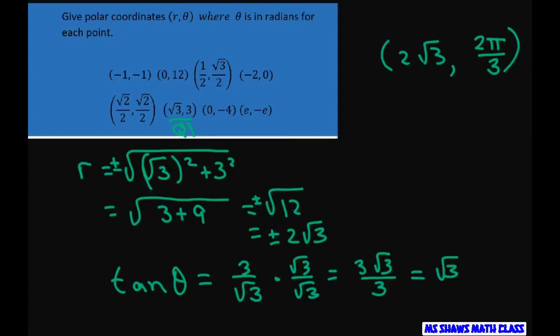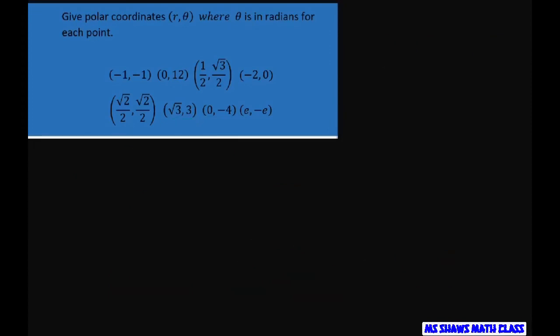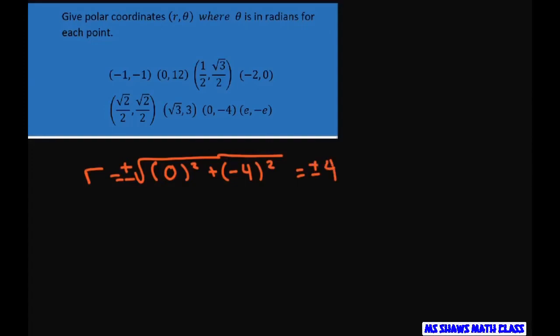And just erase that part. All right. And then the next one is this one. So we have r equals the square root of 0 squared plus (-4) squared, plus or minus, equals plus or minus 4. We're going to take the positive.